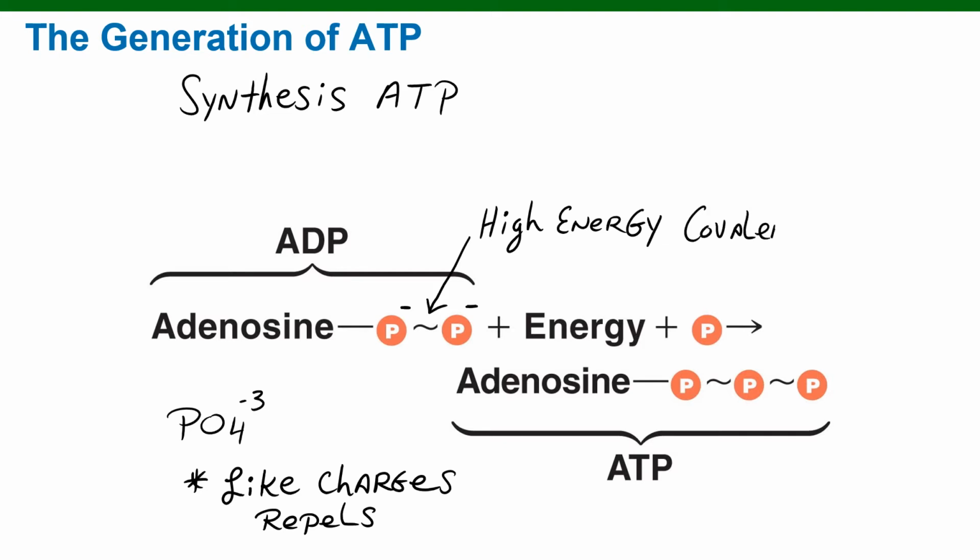And the more negative charges that you add, like one here between these two phosphates, and then another one here, the energy actually goes upward in this direction. So as you add additional negatively charged phosphates, up to 3 as a maximum for ATP, you get more energy.